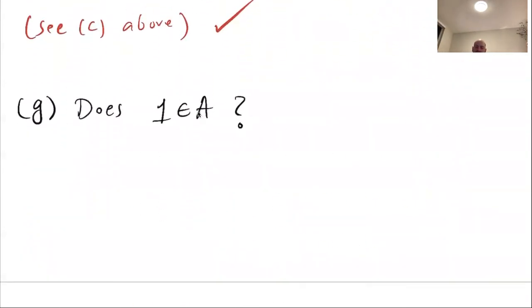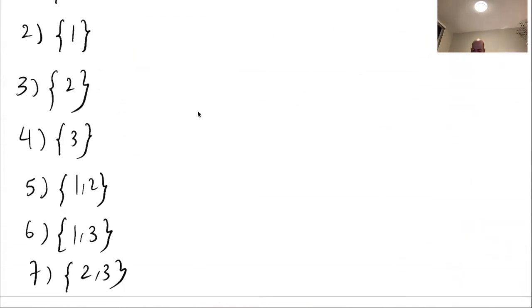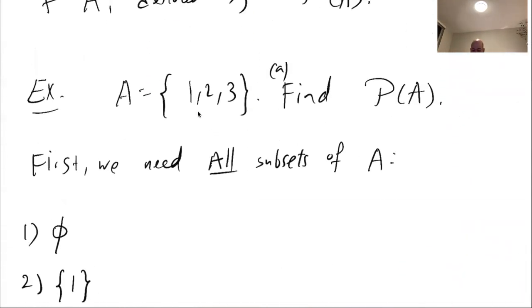But for A, it's straightforward. Does 1 belong to A? How do we know? We have to look at A. Here's A. And then we have to see whether that element appears in A exactly as it is. Well, look at the first element, it's 1. Then the comma means separated, the second element is 2, the third element is 3. So the first element is 1.